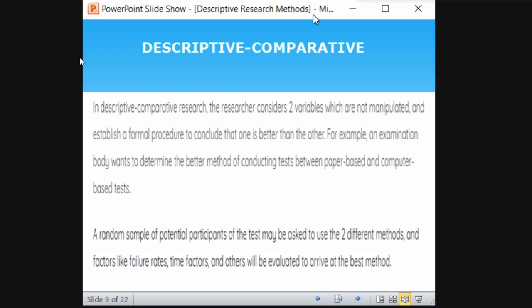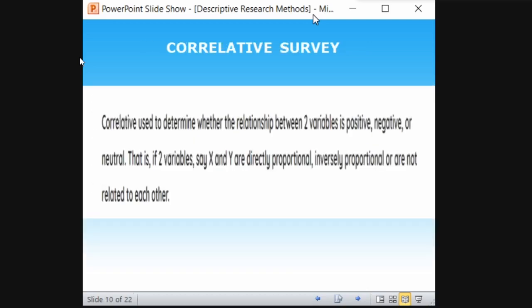So based on these factors, the examination wing will determine which is the best method. Here the population is the same, the variables are different. There is no manipulation. So this kind of comparison is called descriptive comparative analysis, right?